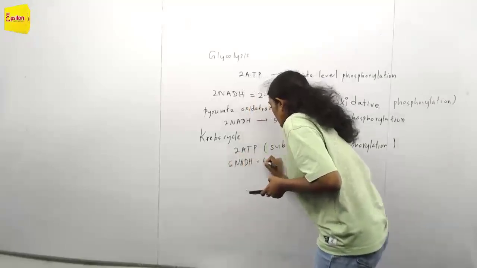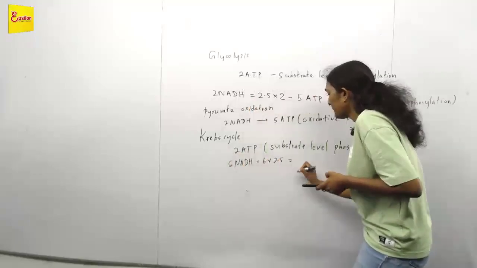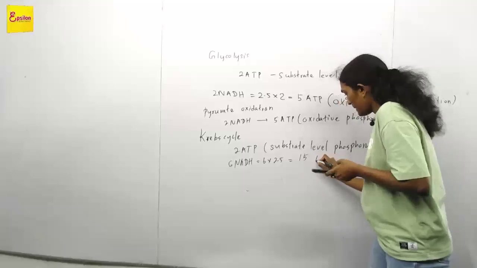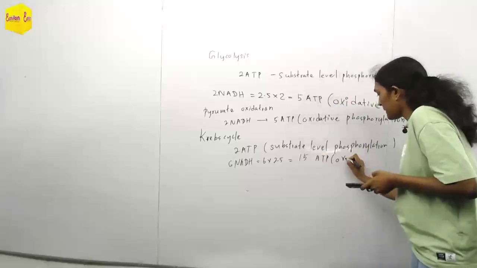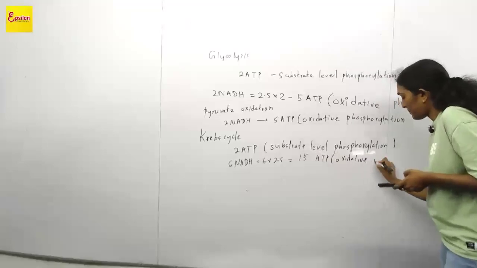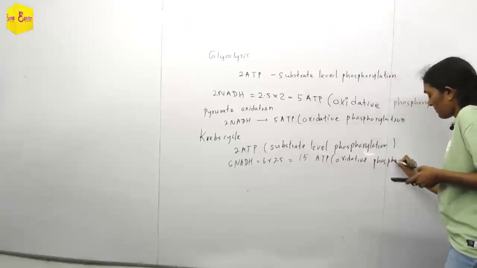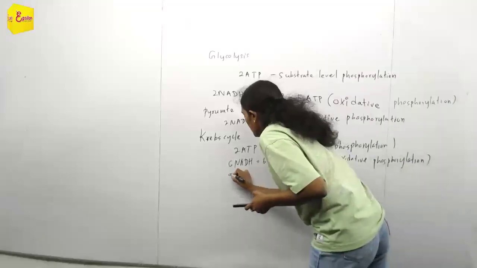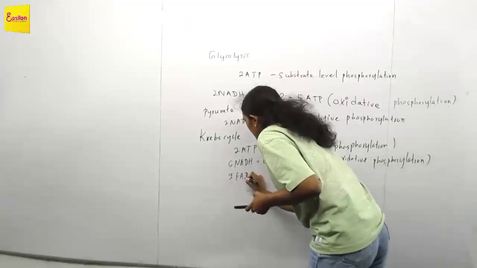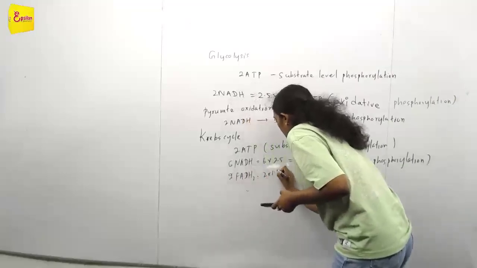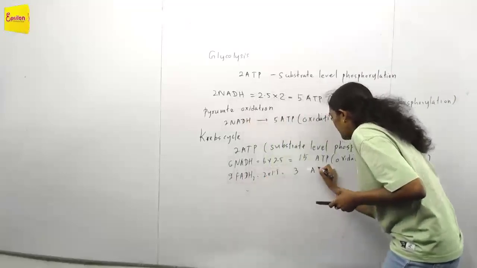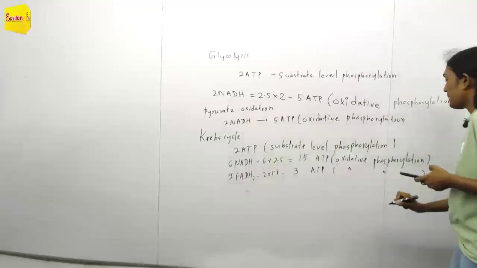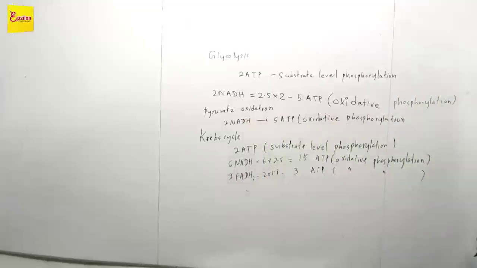So 6 into 2.5, how many? 15 ATP from oxidative phosphorylation. And 2 FADH2, 2 into 1.5, 3 ATP. So altogether from oxidative phosphorylation, 18 ATPs are produced from the results of the Krebs cycle.